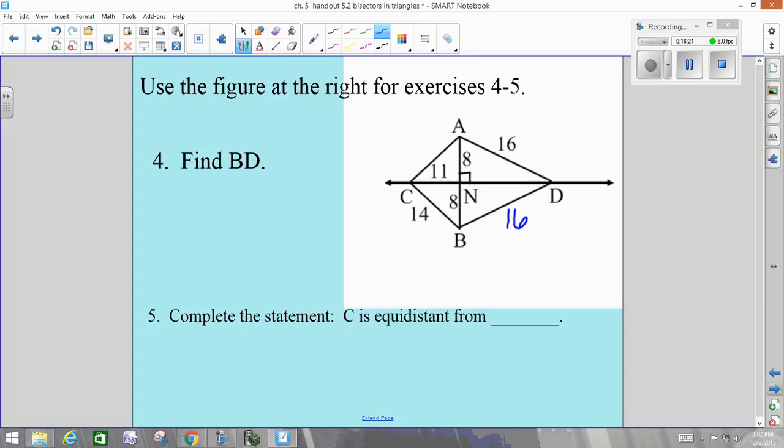Well, the angle bisector theorem says that if it's on the angle bisector, then it's equidistance. But how do you know that this is bisecting this angle? Yeah, but what does perpendicular have to do with the angle bisector?